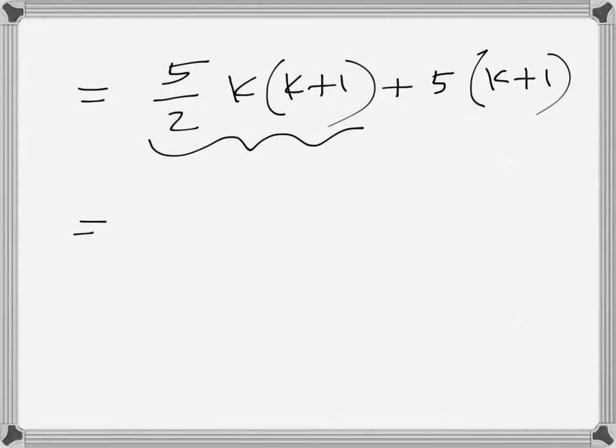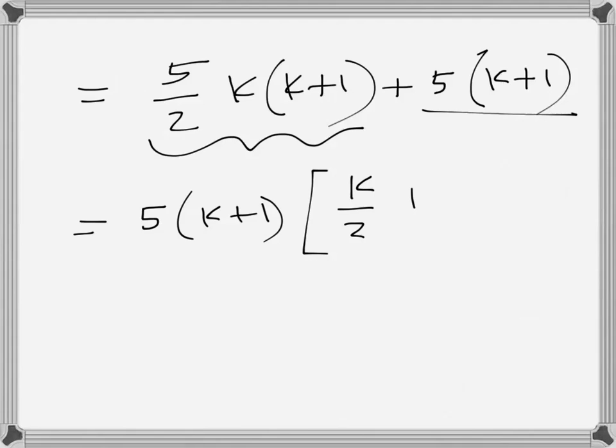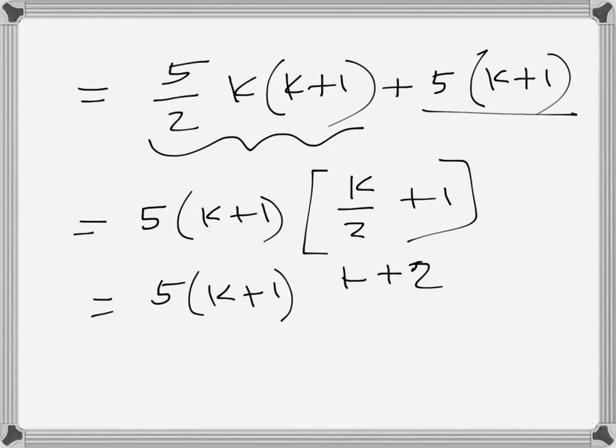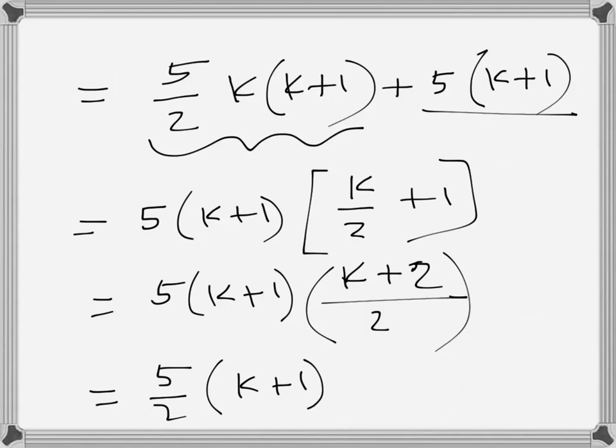And now if we try to do this one, so basically this is 5 times k plus 1, so I will write 5 times k plus 1 here as common, and it becomes k over 2 plus 1, so that's 5 times k plus 1, and then k plus 2 over 2, or it is 5 over 2 times k plus 1 times k plus 2. So this is the left hand side for n is equal to k plus 1.